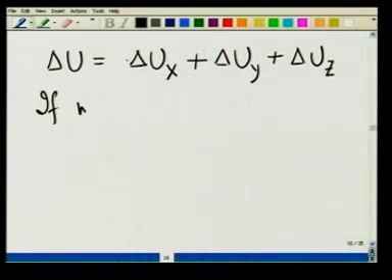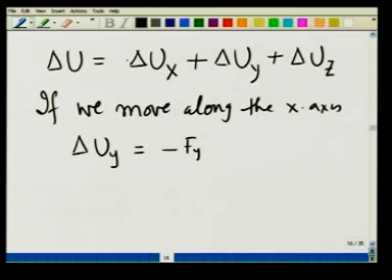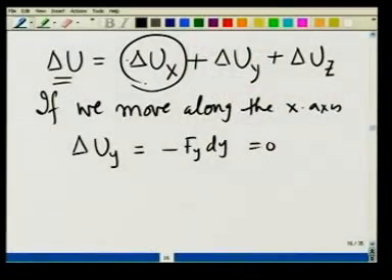So if we move along the x-axis, then delta u y, which is going to be minus fy dy, is equal to 0. All the change in u comes only due to this.